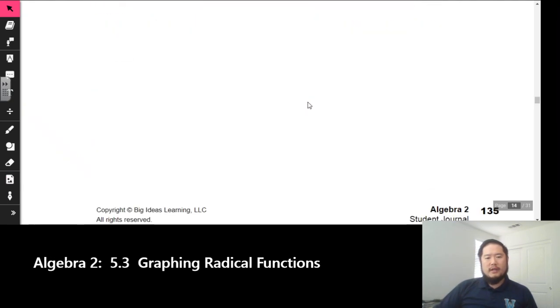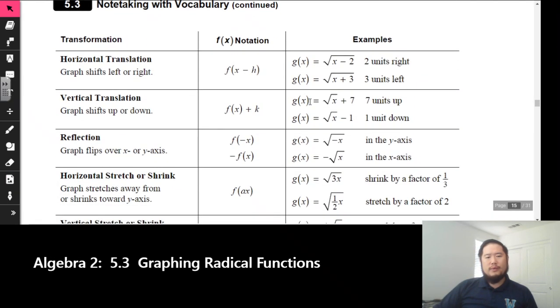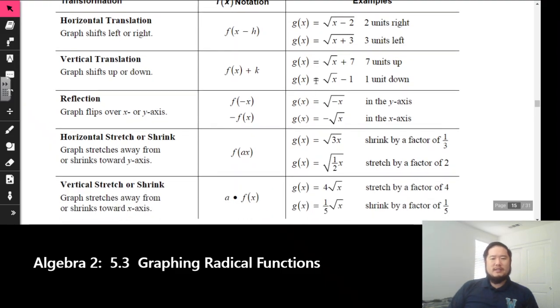Let's go ahead and move along, and we have all of our translations. Very similar to everything that we've looked at in chapters 1, 2, and 3 when it came to parabolas and absolute value. What I care about is what's inside of the radical.